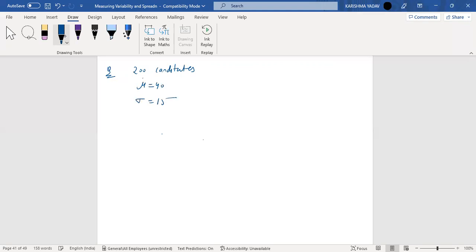Later on it was discovered that the actual scores were mean 43 and standard deviation 35, and these were misread: the mean was misread as 34 and the standard deviation as 53 respectively. Now we have to find the correct mean and standard deviation.